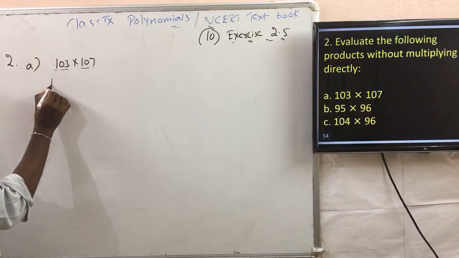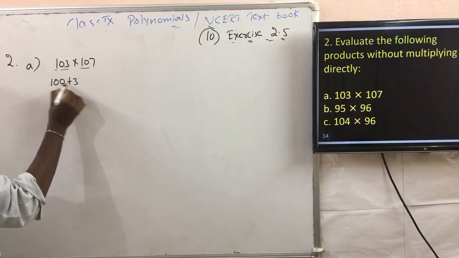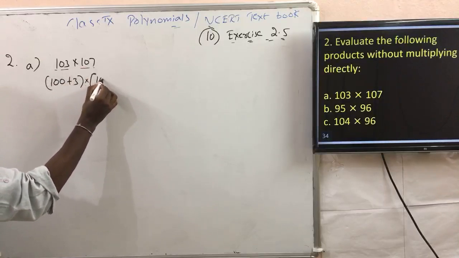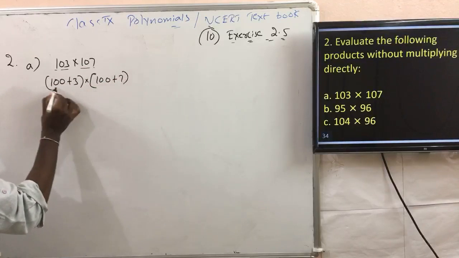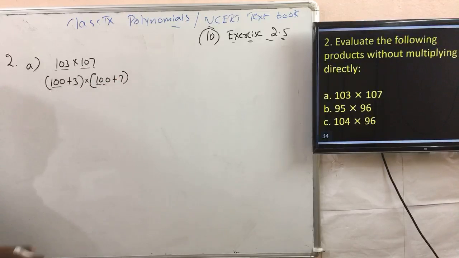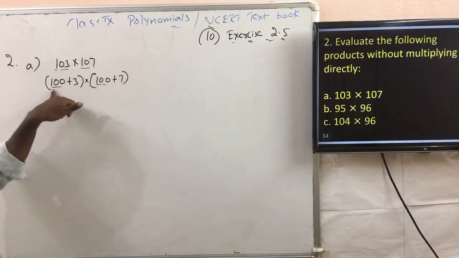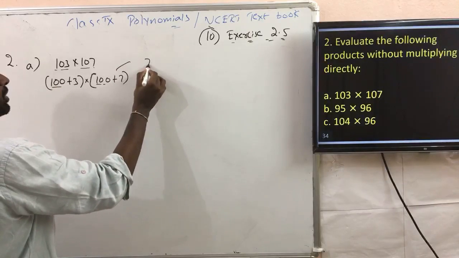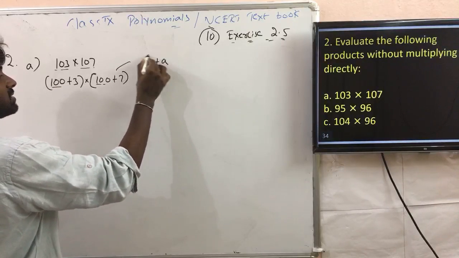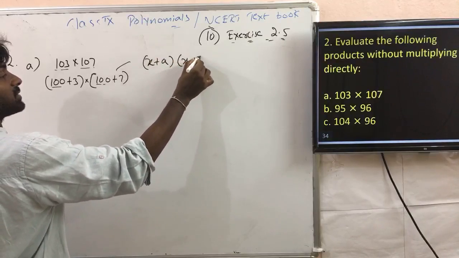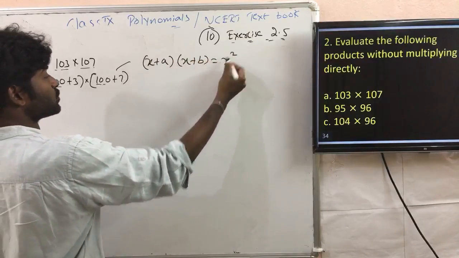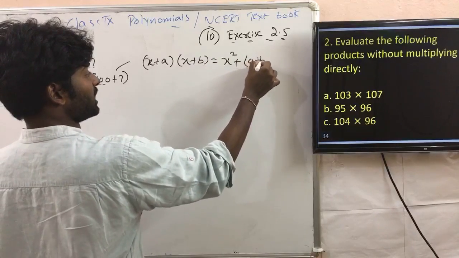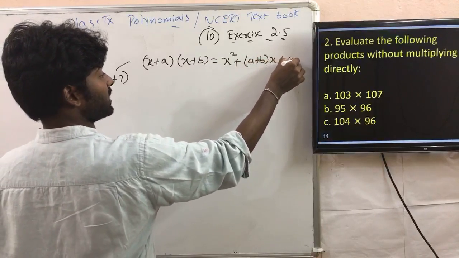I can write 103 as 100 plus 3 and 107 as 100 plus 7. Then we have the same term, the x term, here 100 and 100. Observing this, you can go with the identity (x plus a) into (x plus b) equals x square plus (a plus b) into x plus ab.